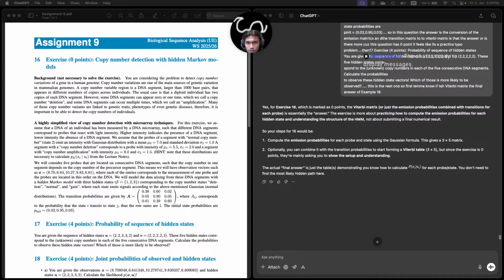God damn, we got 187 lines of code. BioPython tutorial. Oh shit. Assignment 10 looks fucking crazy.